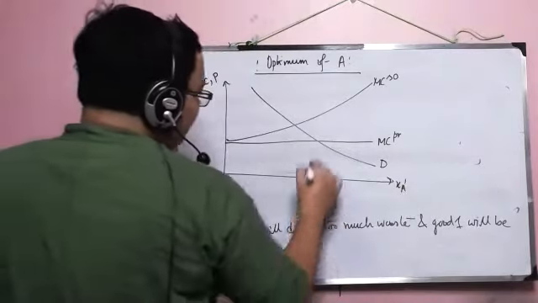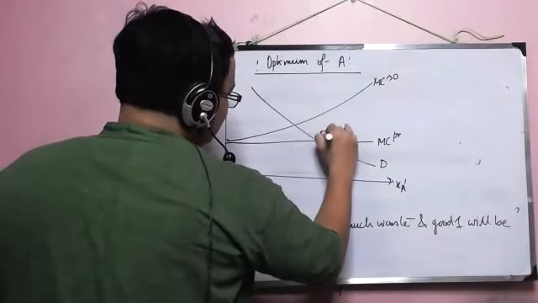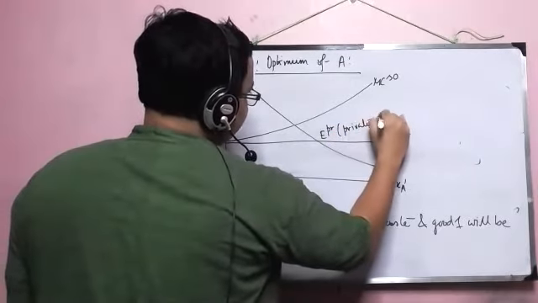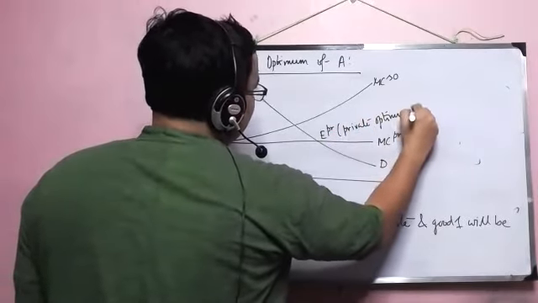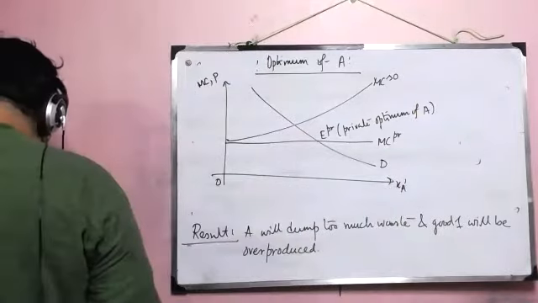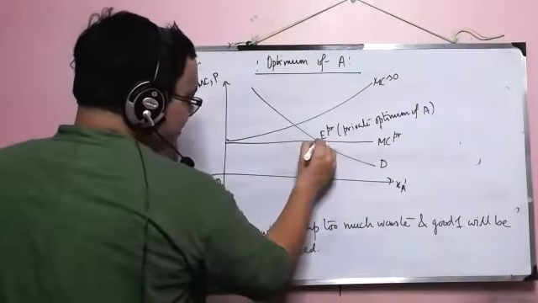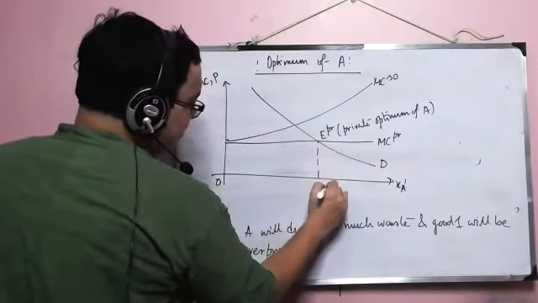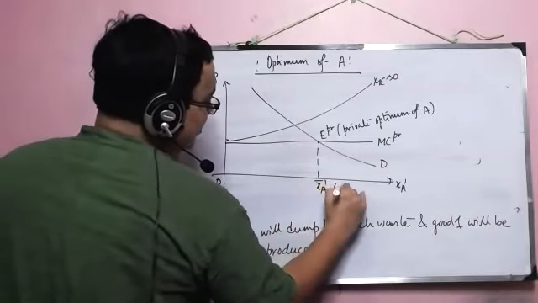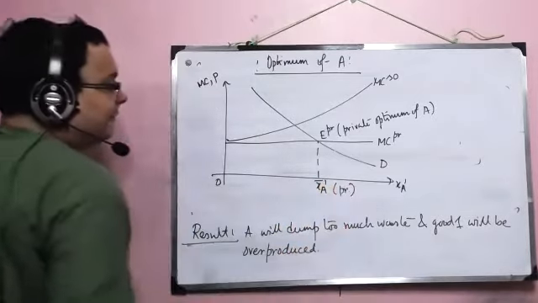Now in the private optimum, we'll call this EPR. So this is our private optimum of A. That is the mathematical problem we just solved. There, the amount of production that is being chosen as optimal is this one, XA1. So this is our private optimal, right?